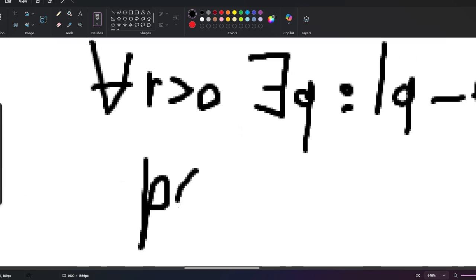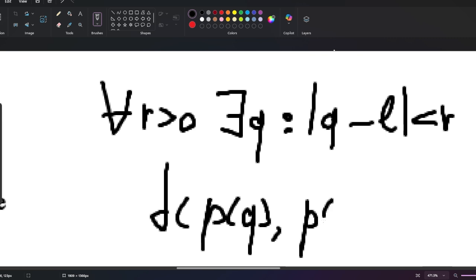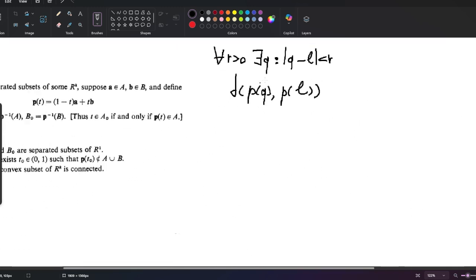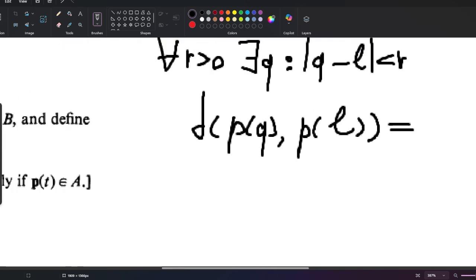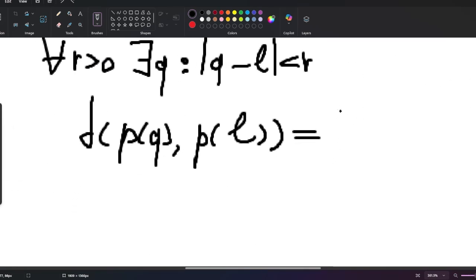Now if we were to check the distance between P(Q) and P(L), well, we're working with R^k, so it's going to be this.